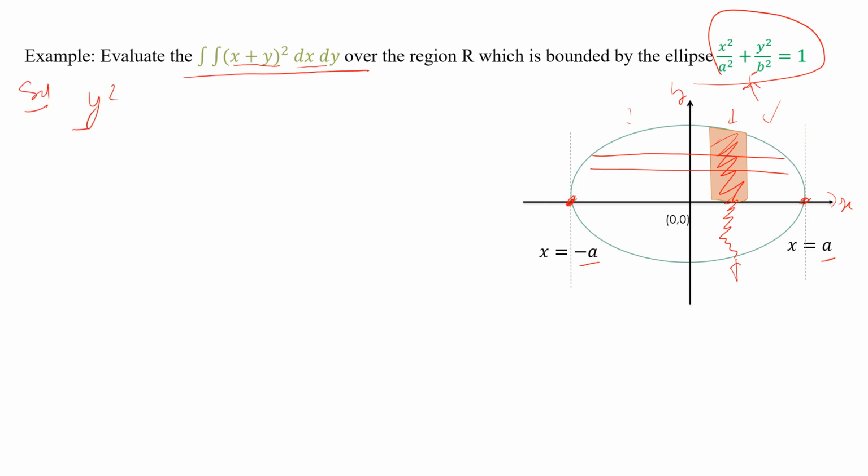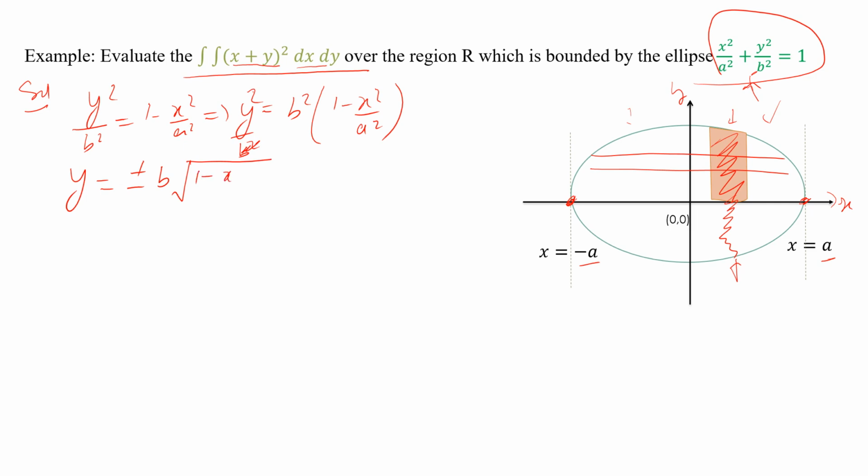So you can write y square by b square equal to 1 minus x square by a square, and this implies that y is, you can write y square is b square times 1 minus x square by a square, or we can say y is equal to plus minus b root 1 minus x square upon a square.